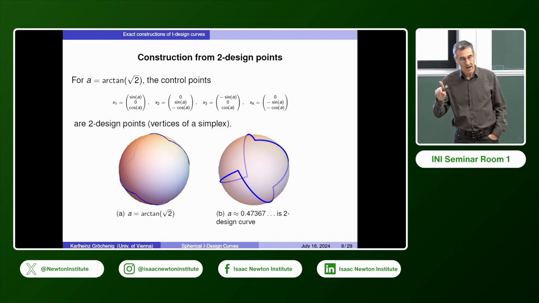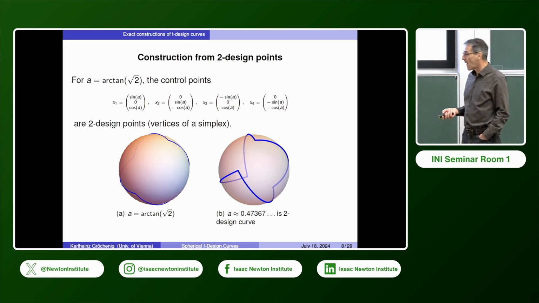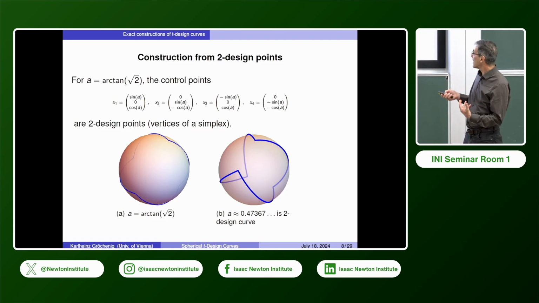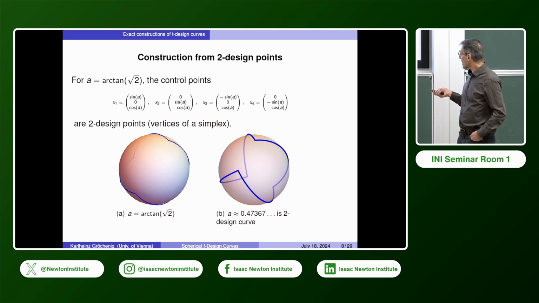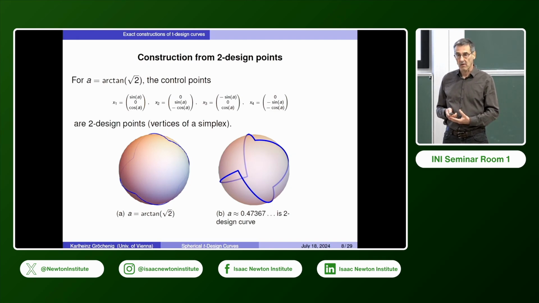So no exact quadrature if you move along the curve. Now, the idea is, well, we deform these points. There's only one parameter involved. We deform these points, follow the same recipe, connect the points along geodesic arcs, and there's a particular value, different from this one here, where you obtain a 2-design curve.